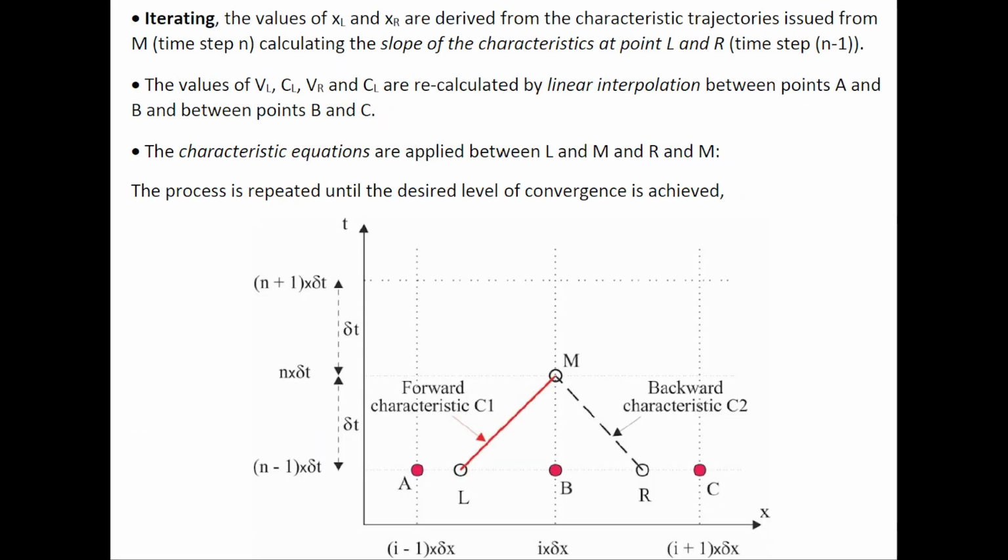The process is iterated by calculating the slope of the characteristic lines using the values of the celerity and velocity at the points L and R, and the process is repeated until a desired level of convergence is achieved.